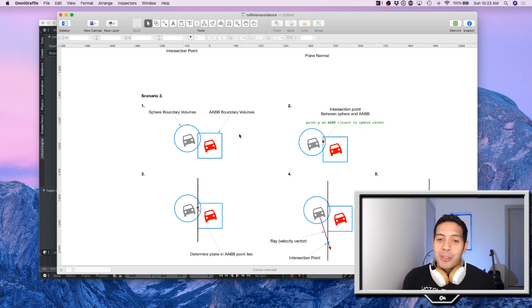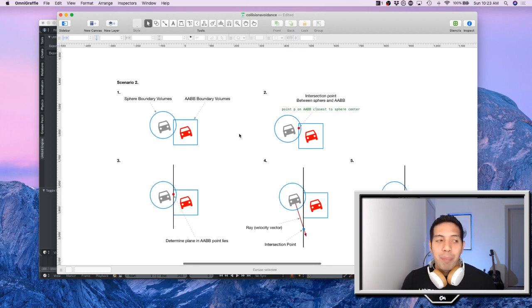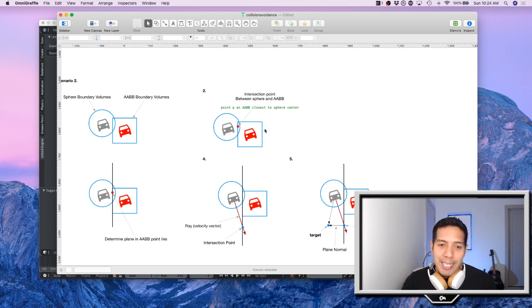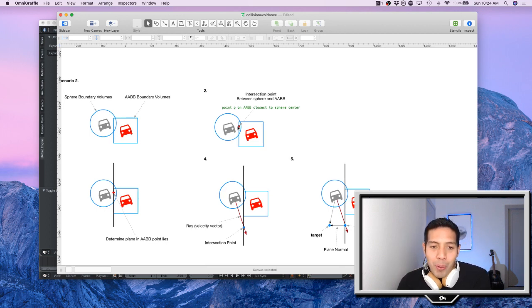The first thing we need to do is compute the intersection point between my sphere and my cube. That intersection point is going to be a point on my cube that is closest to my sphere center. That's the key.